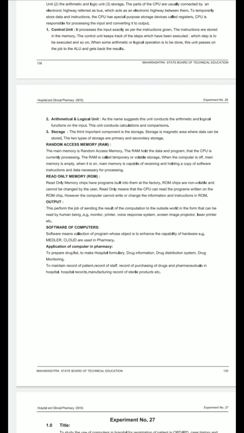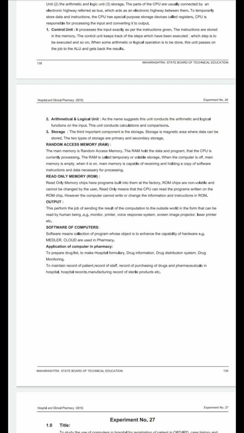Applications of computers in pharmacy: first, to prepare a drug list and to make the hospital formulary, drug information, drug distribution system and drug monitoring.